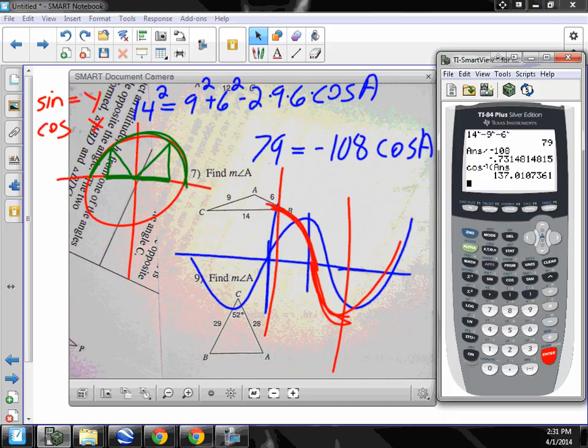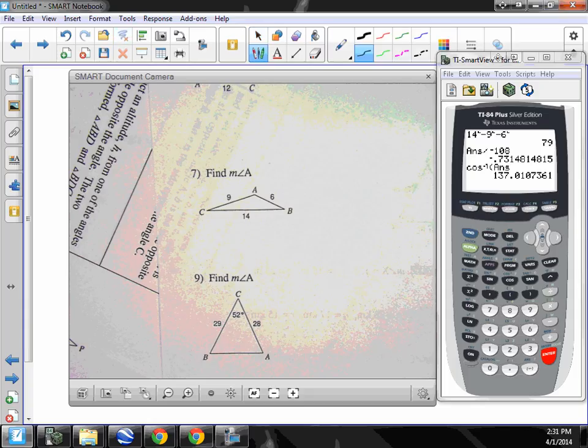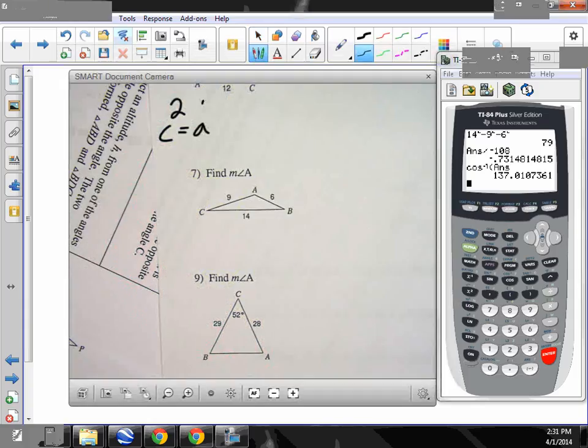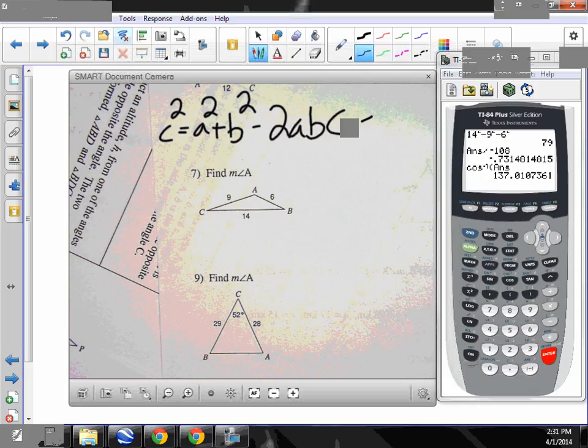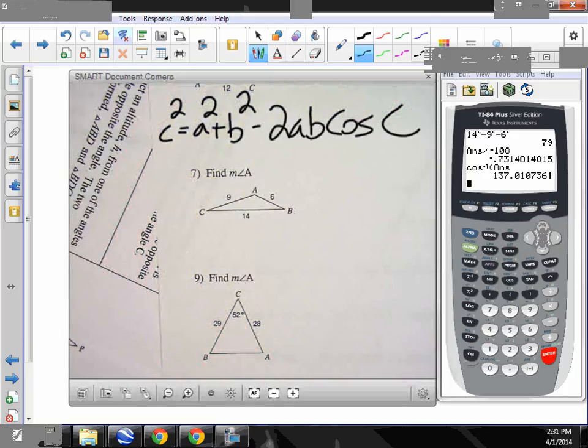Okay, well, this formula looks really similar to another formula we know. Did anybody notice that? What does that look like? It looks a lot like the Pythagorean theorem, right?